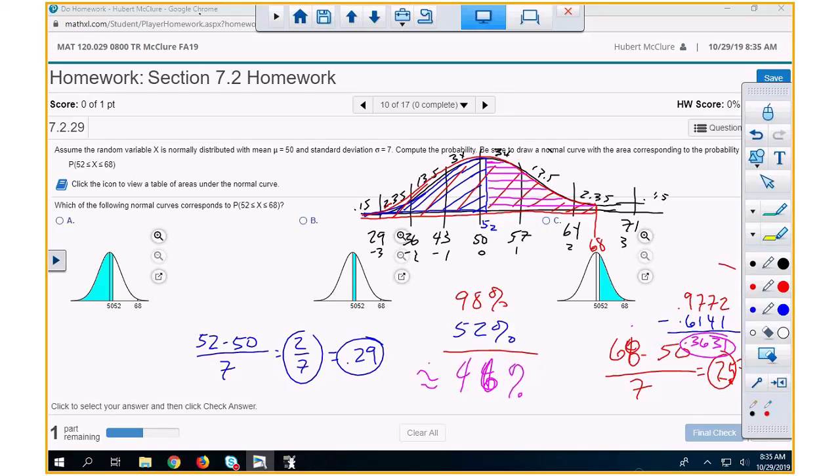What did it come out to be right here? The .9772. What did it come out to be? I thought y'all were hollering out the decimal a while ago. That's why I was wondering. 68 minus 50. What does the area come out to be from negative infinity to 68?